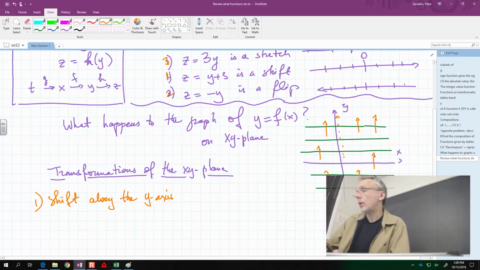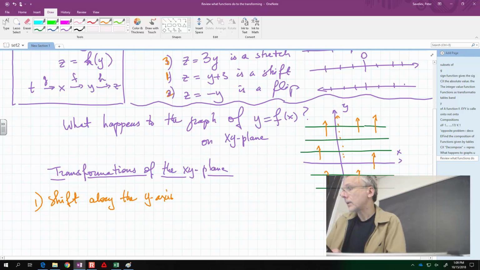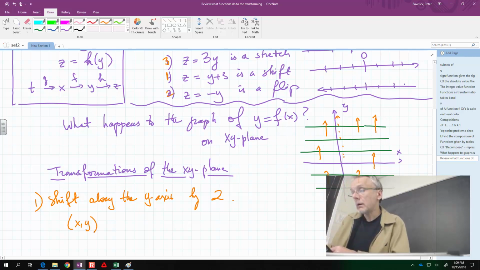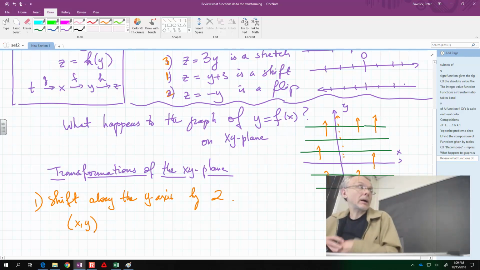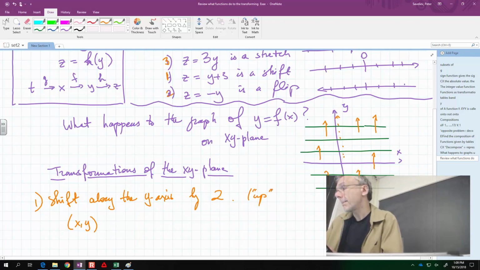It is really uncomplicated if you think in terms of coordinates. So shift by 2. Every point on the xy plane lands elsewhere. Shift along the y-axis, in other words, vertically up by 2 units.